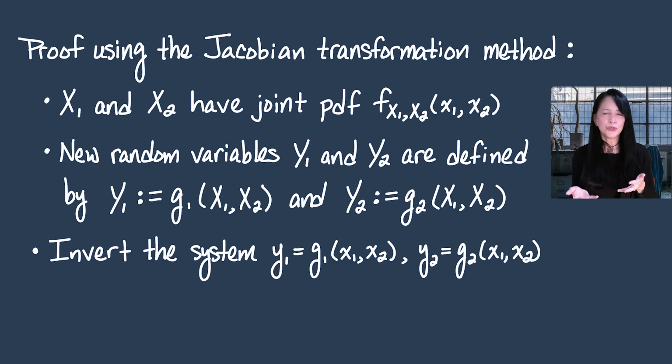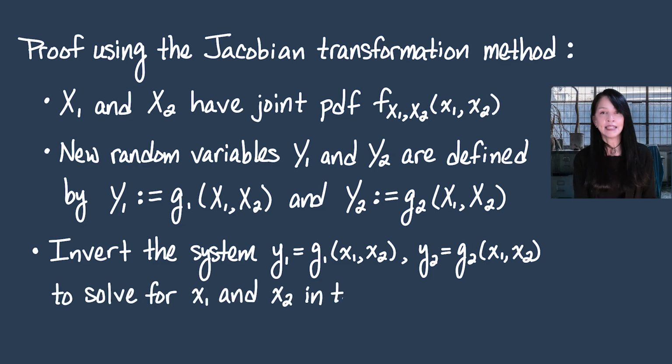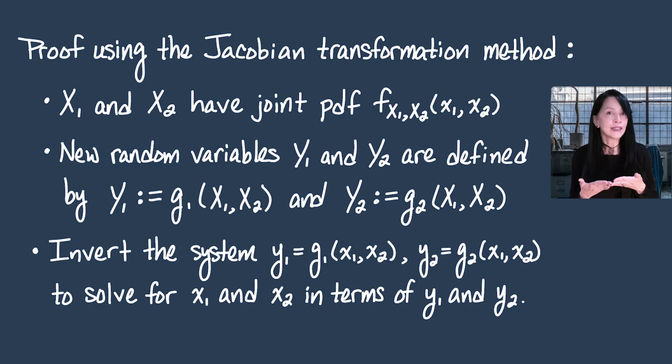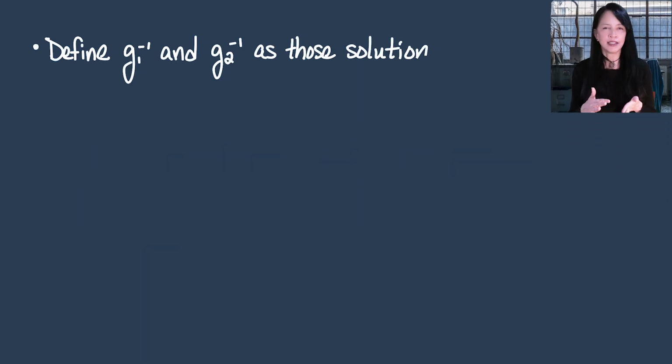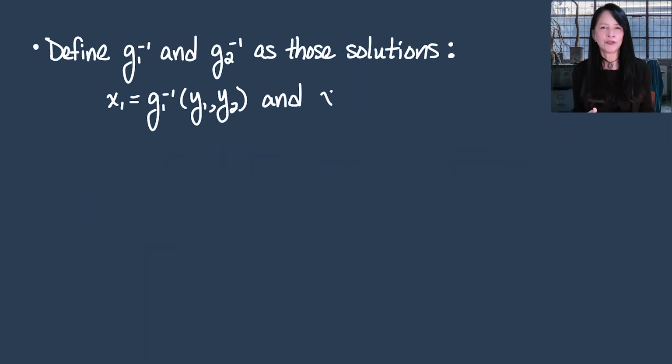You need to solve this system of equations for little x1 and little x2 in terms of little y1 and little y2. I'm going to define little x1 to be a g1 inverse of little y1, little y2, and little x2 to be a g2 inverse of little y1 and little y2.